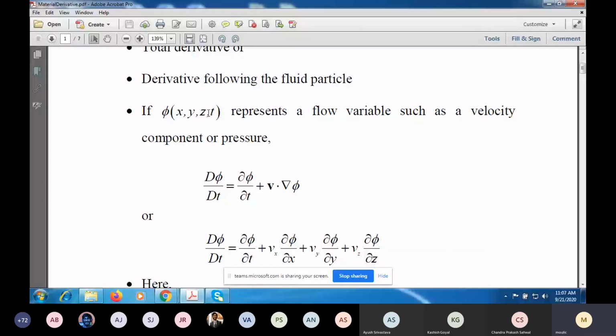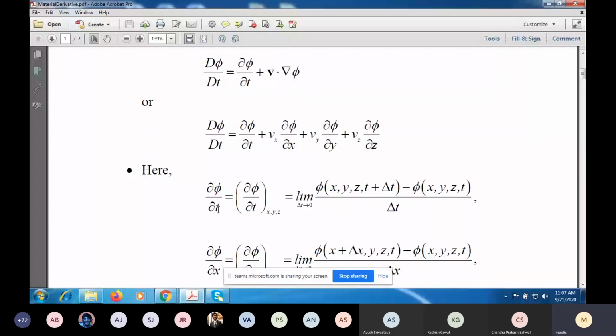So when you look at del phi del t, what is kept constant is all the coordinates x, y, z. So that means it tells you what is happening at a given point. So del phi del t, I'll write as, to be more precise, within parenthesis del phi del t, and outside a subscript x, y, z, which means the variables which are kept fixed in this partial derivative.